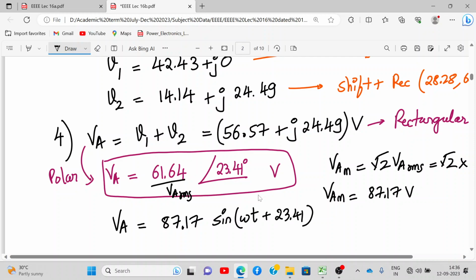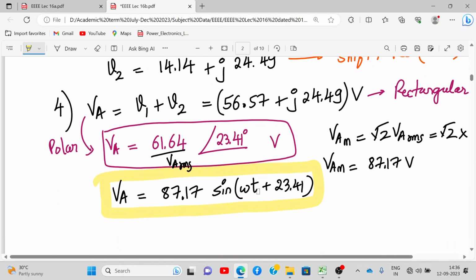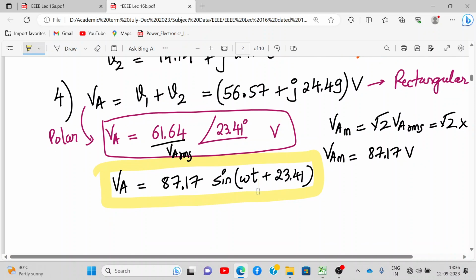That's it. This is my standard form. Understanding? It's repetitive steps now. Are you following? First standard to polar, then polar to rectangular, then addition in rectangular, then again to polar, and then to standard.